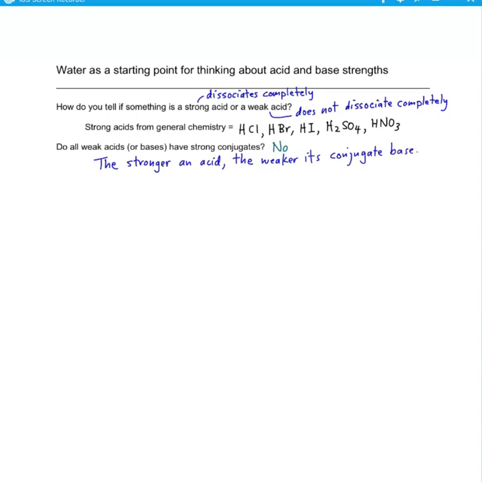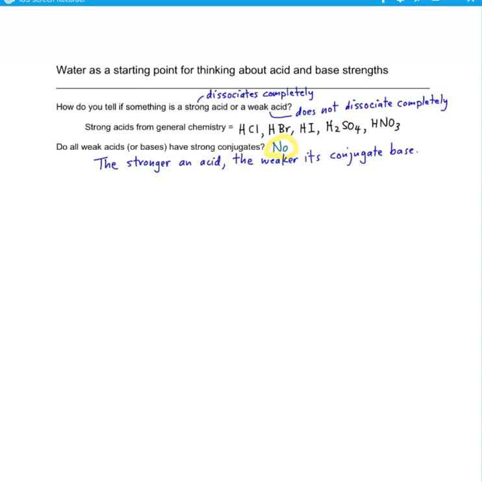Now, there's different ways that you can say that same thing. You could also say, the stronger a base, the weaker its conjugate acid. Okay, so it goes both ways. Okay, so this answer, no. So not all weak acids have strong conjugate bases.